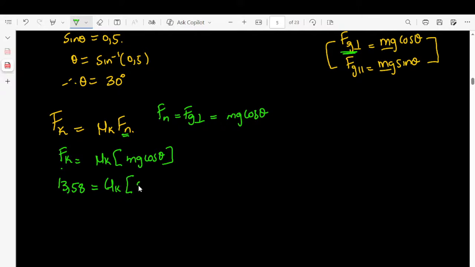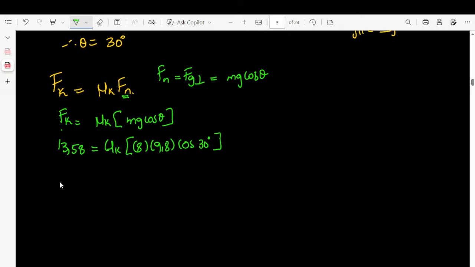The mass is 8, g is 9.8, and the cos of that angle that we just calculated. If the angle is wrong, this will affect everything. So I have 13.58 equated to Uk times 8 times 9.8 times the cos of 30 degrees.